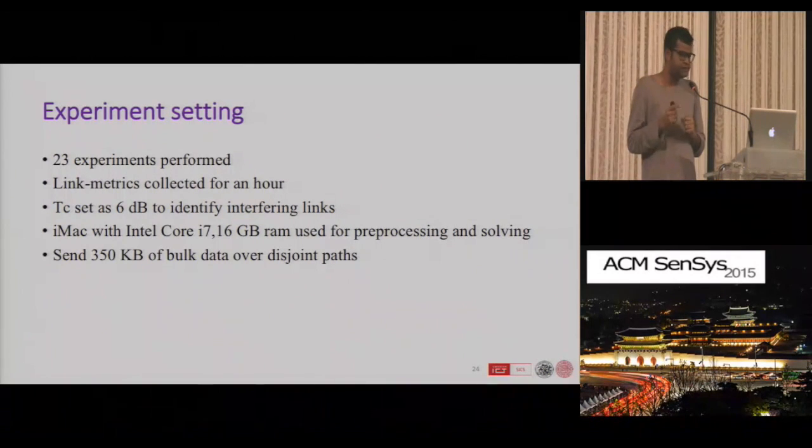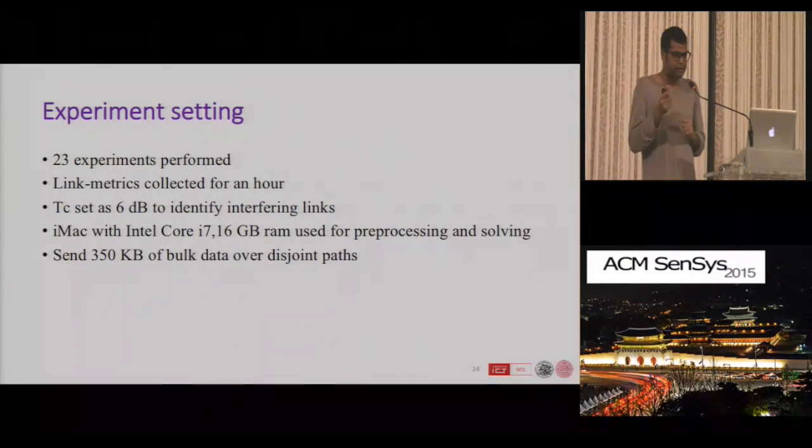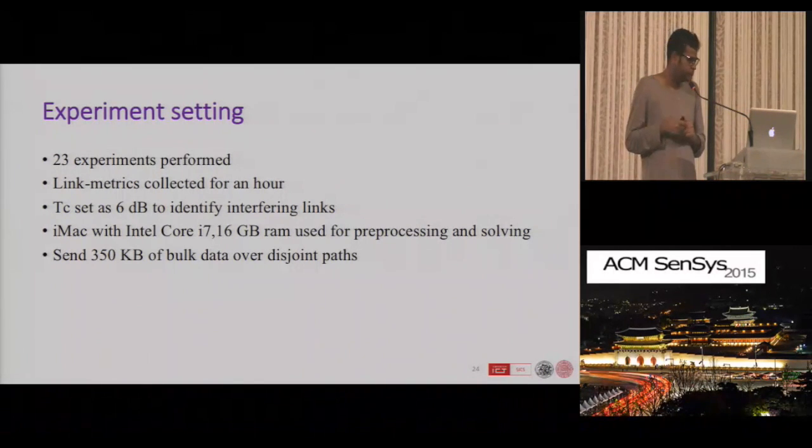For pre-processing to generate the conflict graph, as well as to find the disjoint paths, we use an iMac equipped with an Intel Core i7 and 16 GB of RAM, for the pre-processing as well as for solving. In each instance of the bulk forwarding, we send about 350 kilobytes of bulk data from the source to the destination node.